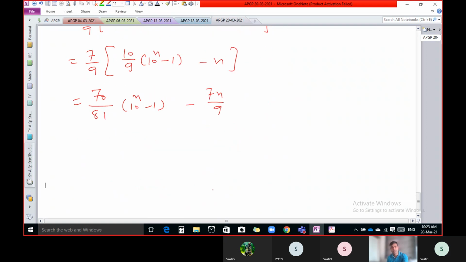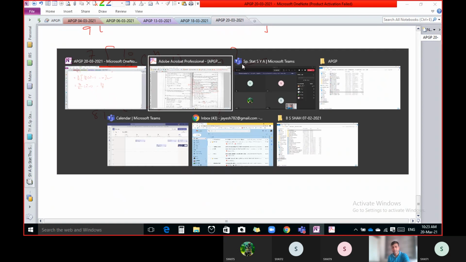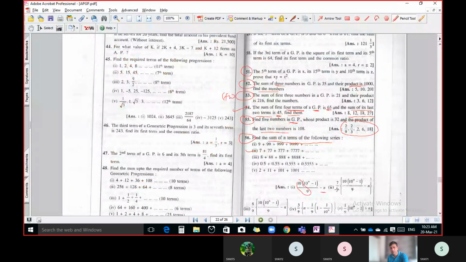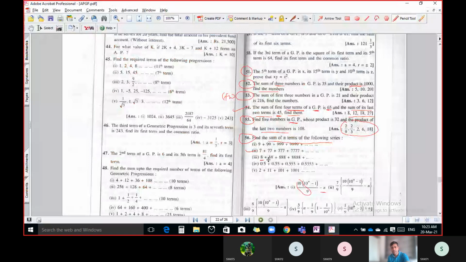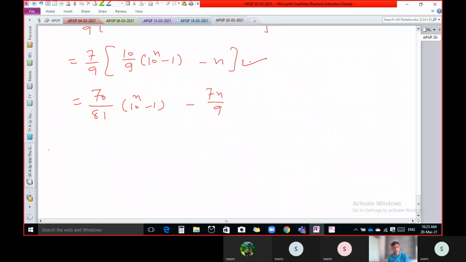So this is my final answer, or you can keep this as the answer, no problem. So see the answer, 7 upon 9 in bracket 10 upon 9, 10 raised to n minus 1, minus n. So this is my final answer. Now instead of 7, 77, 777, if it is 8, 88, 888, we get the same method for that.